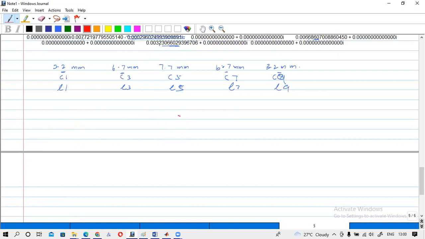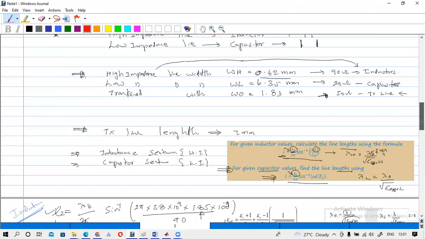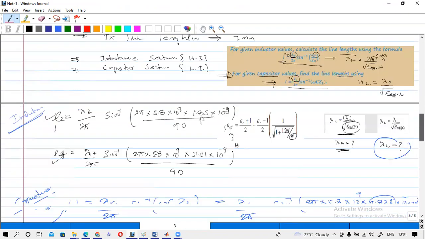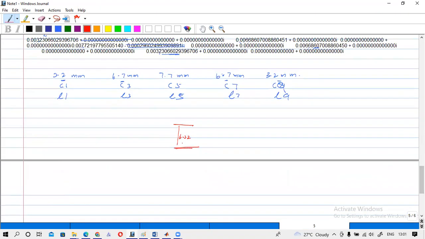First you have the capacitor, that is the low impedance section, like this. What is the width of this? 6.35 millimeter. And it should have 3.2 millimeter length.